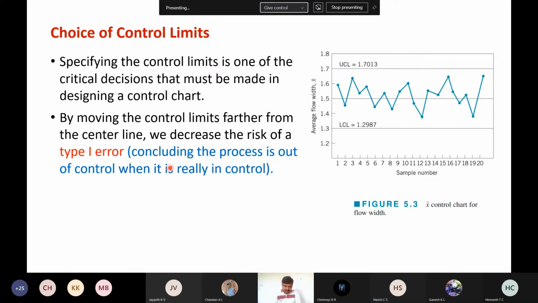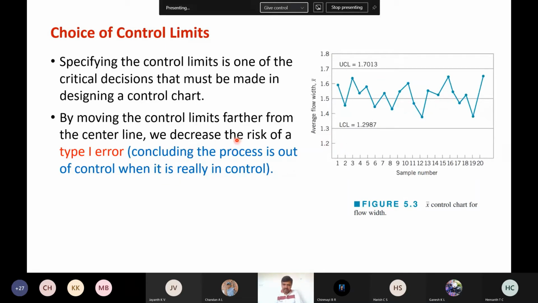So by moving the control limits farther from the center line, we decrease the risk of type 1 error. In order to reduce that type of risk, you can go for widening the control limits, but again there is a disadvantage.